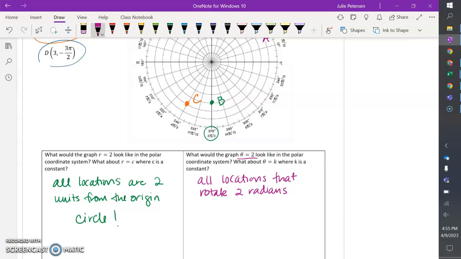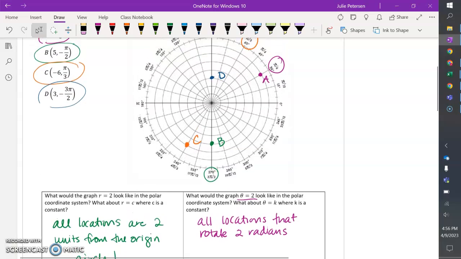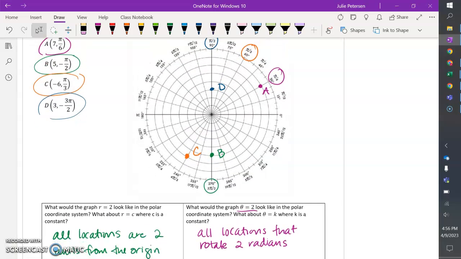So when we're thinking about what a radian is, you might remember how that breaks down around our circle, but each radian is about 57 degrees. So 2 radians is going to be about 114 degrees. If we look at all the places that are 114 degrees from the positive side of the x-axis, it's somewhere around here.